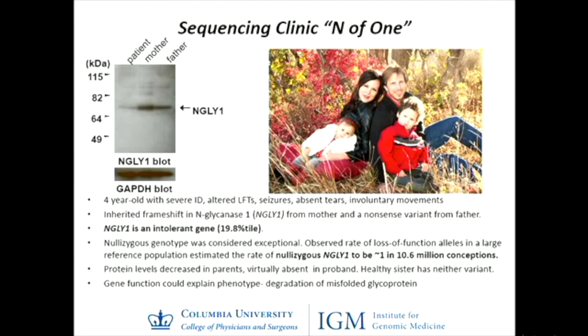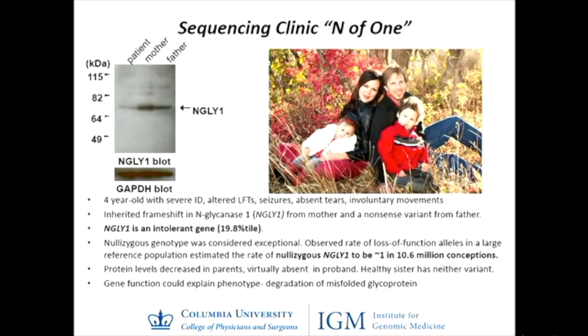This is also where the story gets a little bit interesting, because in the next 3 or 4 years after this N of 1 discovery was made in NGLY1, I believe for every 1 case that was identified by the researchers involved, about 3 or 4 cases were identified by the Mights through their blog.